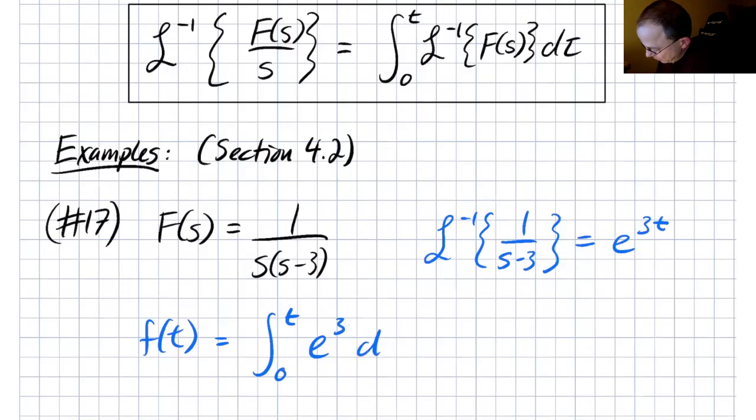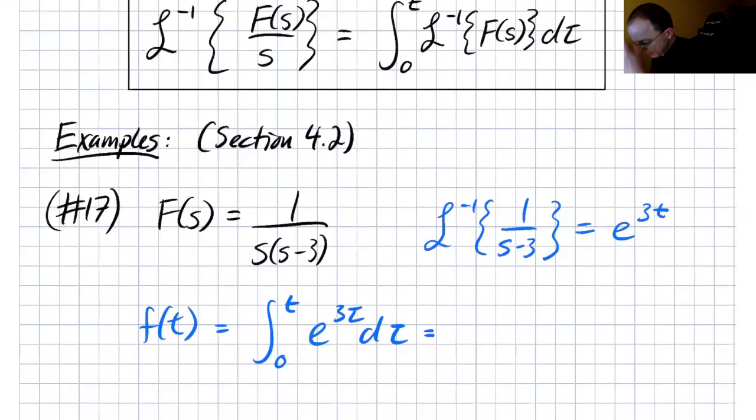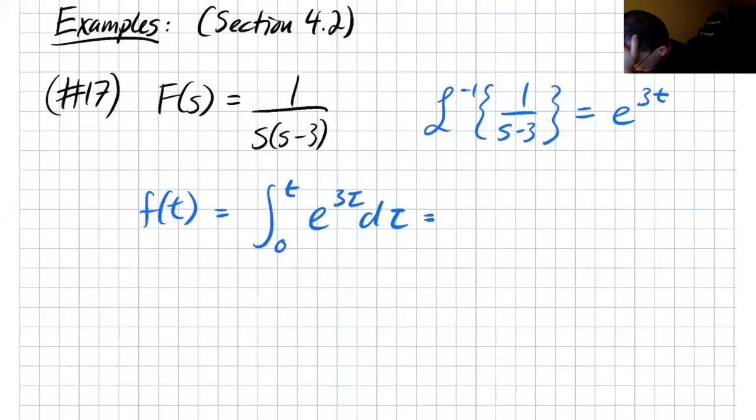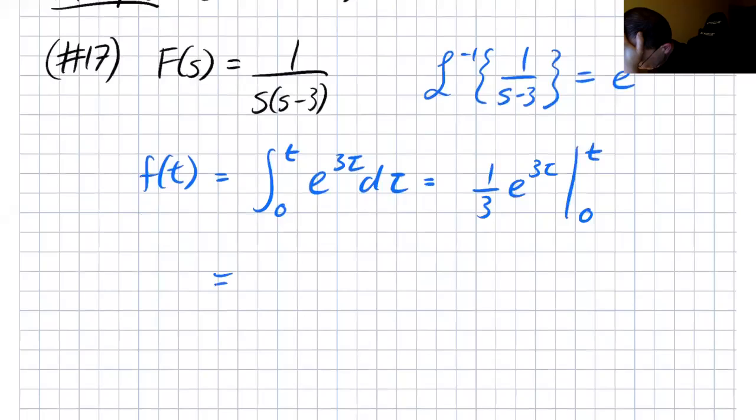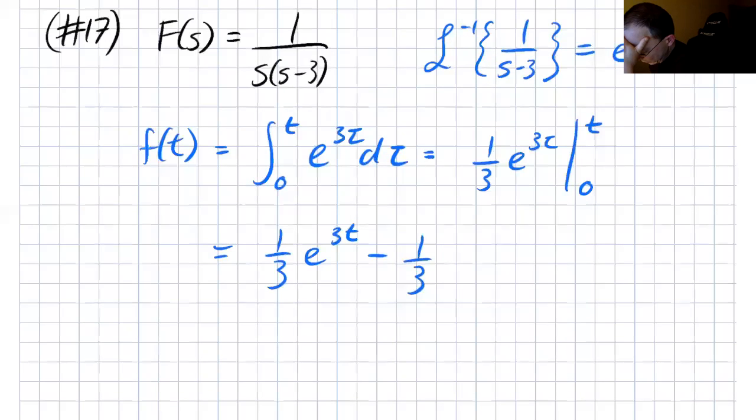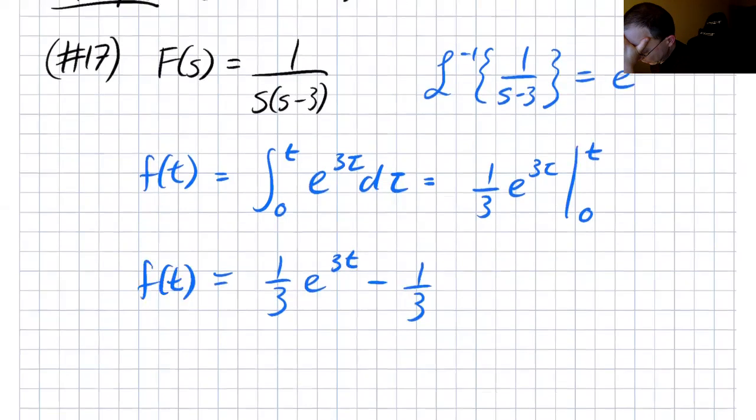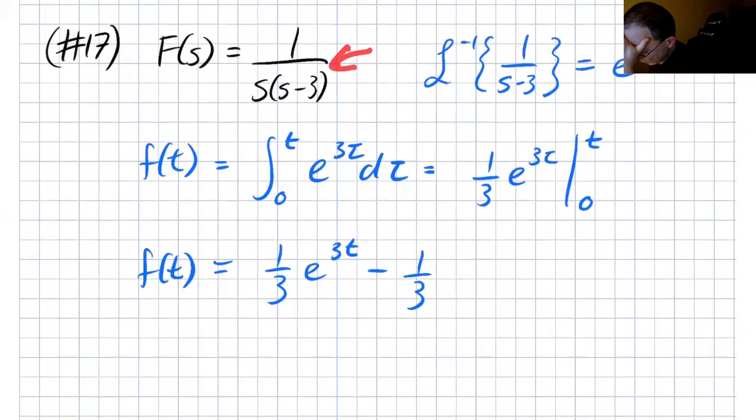You have to put a tau in here as the variable that we're integrating over. So this will be 1 over 3 e to the 3 tau evaluated from 0 to t. And so we'll get 1/3 e to the 3t minus 1/3 e to the 0. So that's 1. There's the function corresponding to this guy here.